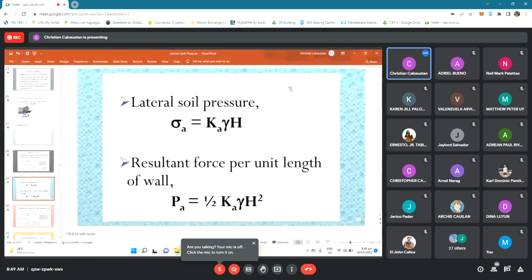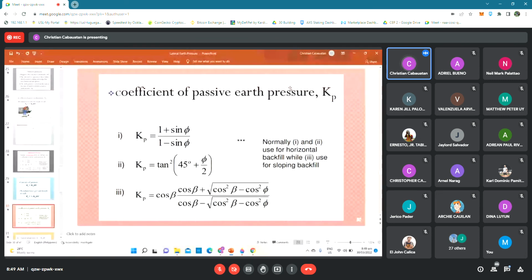And that is the lateral soil pressure and the resultant force. The formulas keep repeating. But for the coefficient of passive earth pressure, the difference from active is that the numerator would be positive and the denominator would be negative.